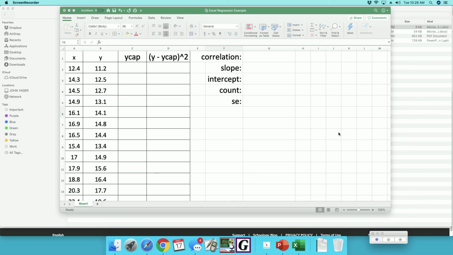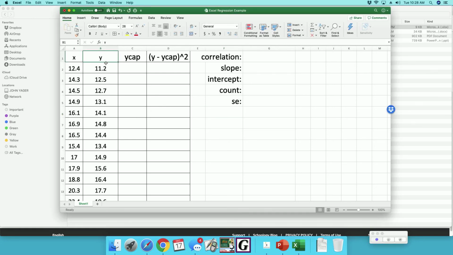Alright, this video is about calculating correlation, calculating the line of best fit using slope and y-intercept, and calculating the standard error. Now, for this information, this data is x and y.